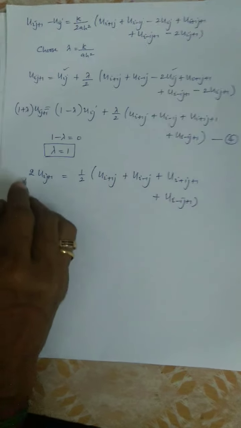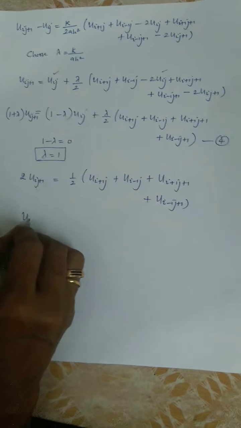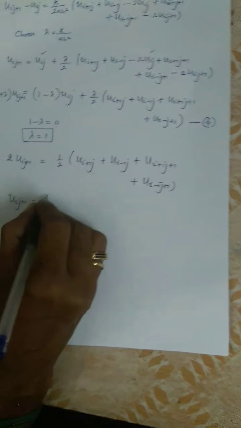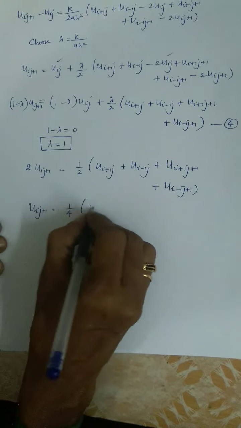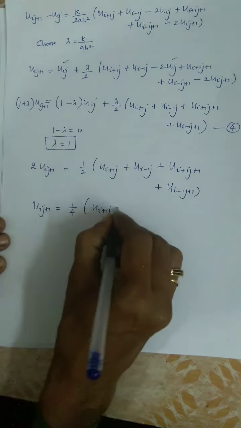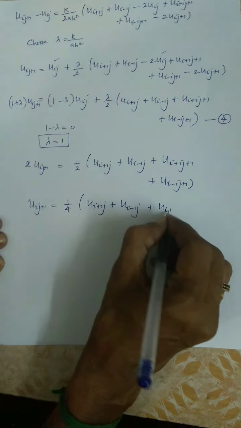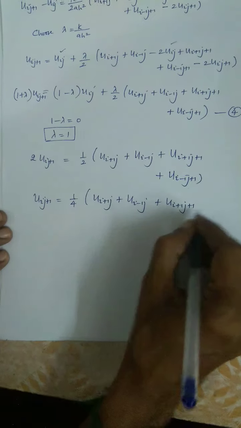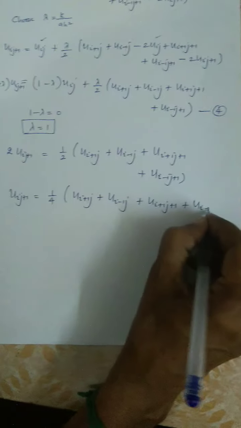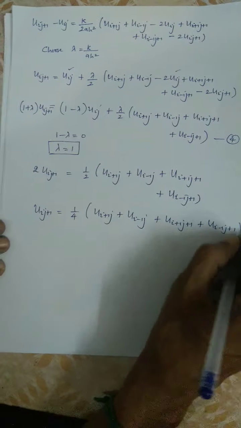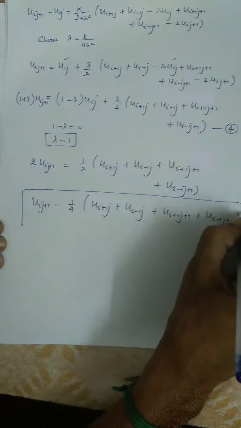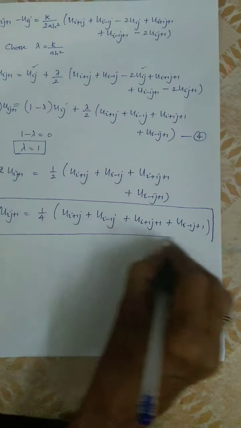By dividing this constant to the other side, we will get the Crank-Nicholson formula: u(i, j+1) equals 1/4 of [u(i+1, j) + u(i-1, j) + u(i+1, j+1) + u(i-1, j+1)]. So this is the Crank-Nicholson formula.